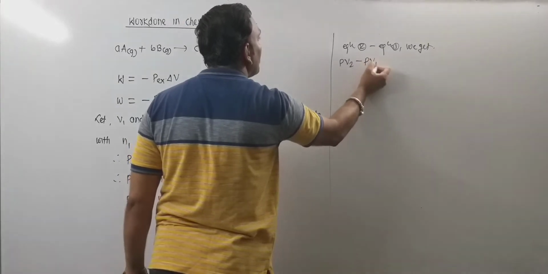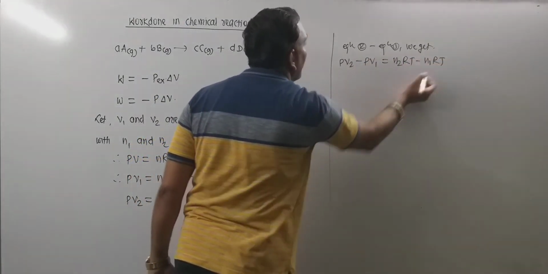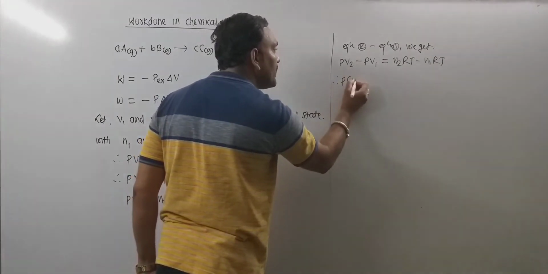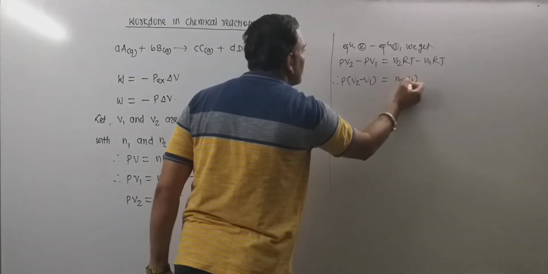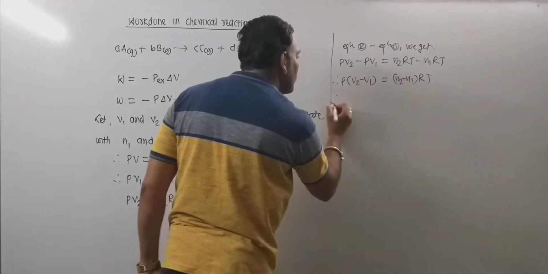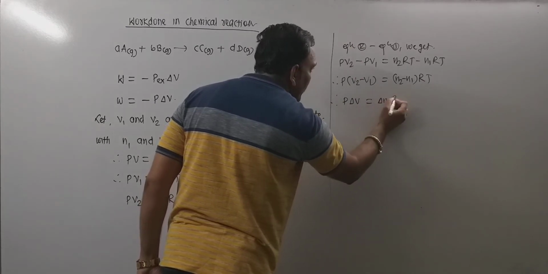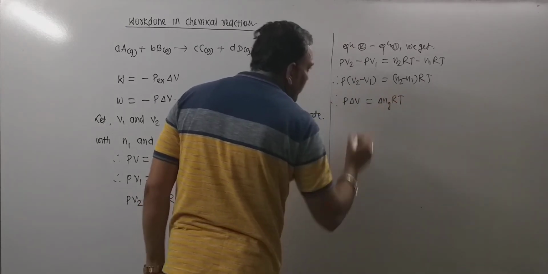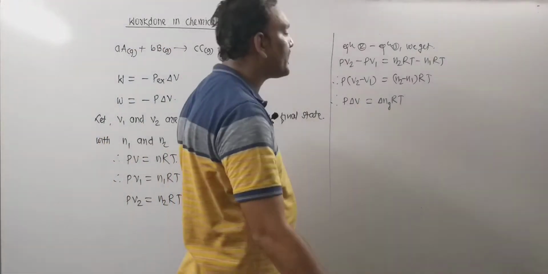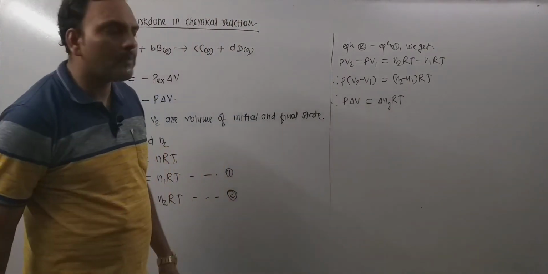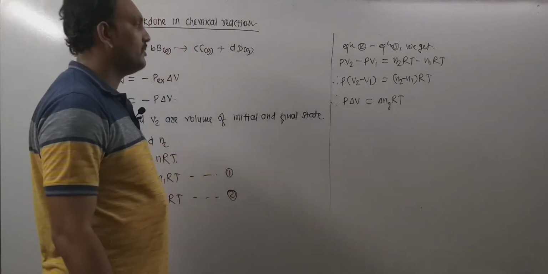PV2 minus PV1 is equal to n2RT minus n1RT. Now this can be given as P into (V2 minus V1) is equal to (n2 minus n1)RT. Thus P delta V is equal to delta n RT, and delta n is nothing but the change in number of gaseous moles, that is the number of gaseous moles of product minus the number of gaseous moles of reactant.